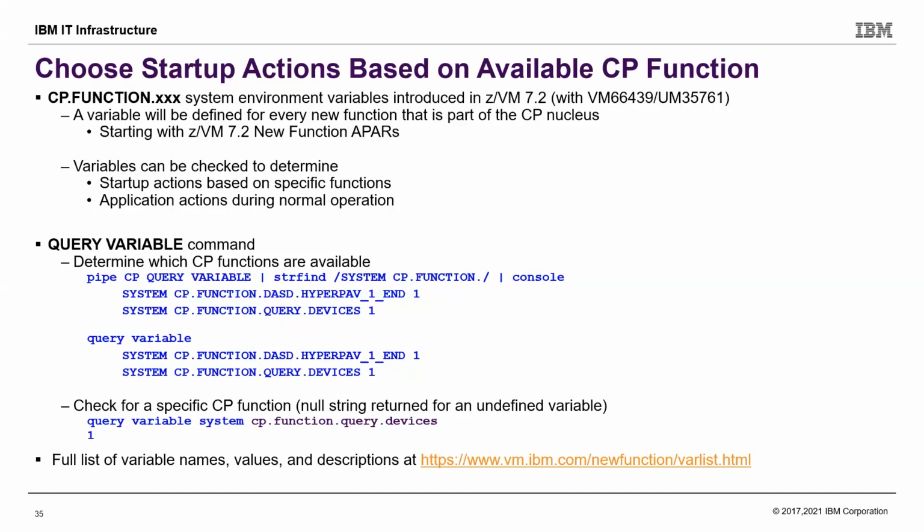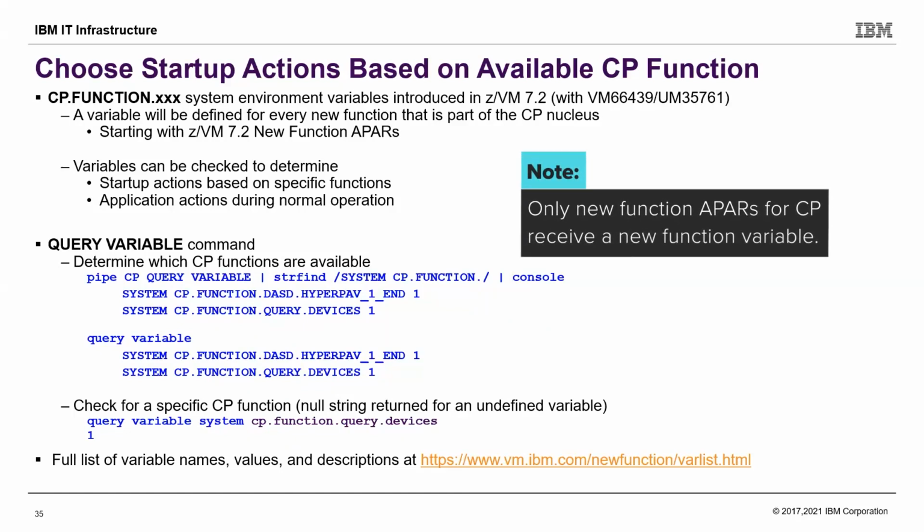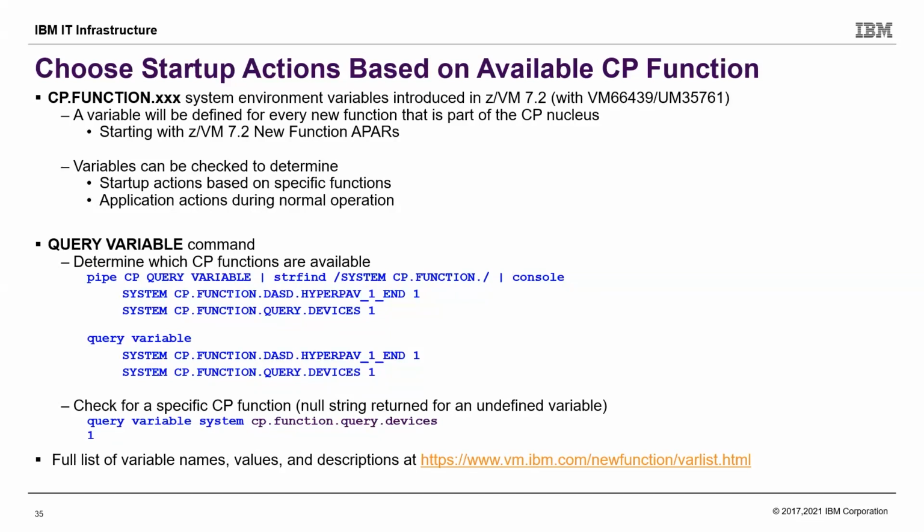And because they have different service applied, they may or may not have different specific CP functions. So with all new function APARs now, we define a function environment variable that you can check to determine what function I actually have on this instance of my z/VM system. And then again, take action based on that. So the query variable command will show you what variables are defined. And again, that indicates what function is available.